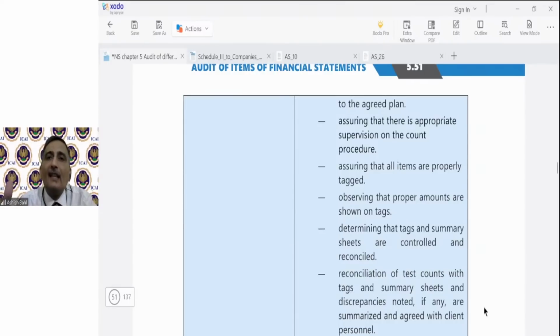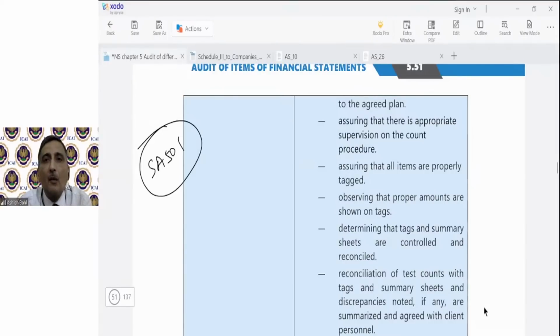So all these things we have written as a 501. So doing all these things, students, would help the auditor in testing the existence assertion. So clear? So remember again, students, that the primary duty for physical verification of inventories lies with the management of the company.